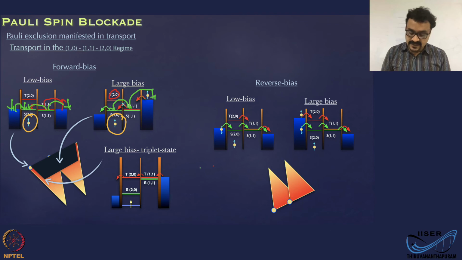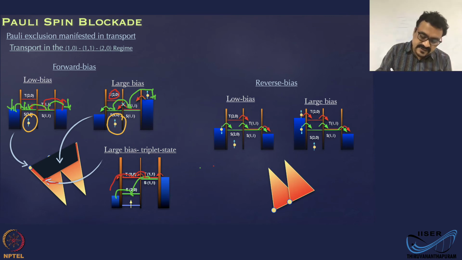Then this triplet, the spin up electron and spin down electron both can go through, because the spin up electron can go through this state and here, and the spin down electron can go through this state and here. So the green one can go here and the red one can go here. Both are possible. That means current will resume, and that is represented by this region here. That is when you are going to get current.